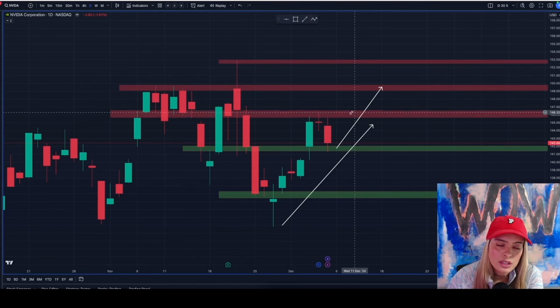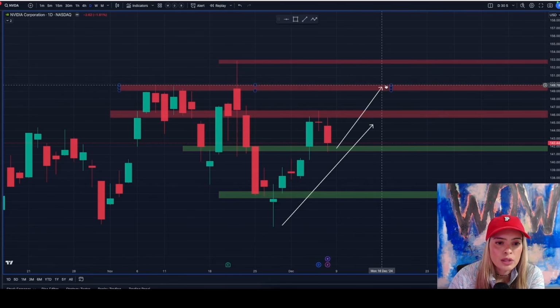I'm gonna take profits here because this is my first major resistance, so it is smart to look for lock profits here, and then the next one will be this one, and then this one, but we'll see how it reacts to this level of resistance.